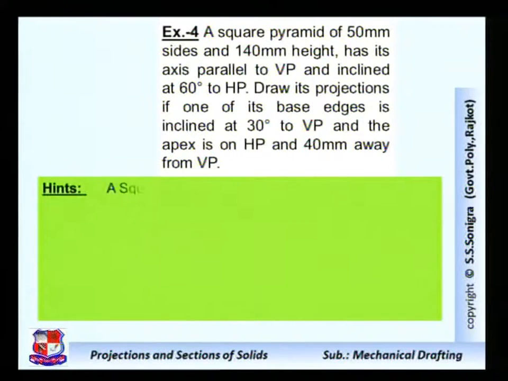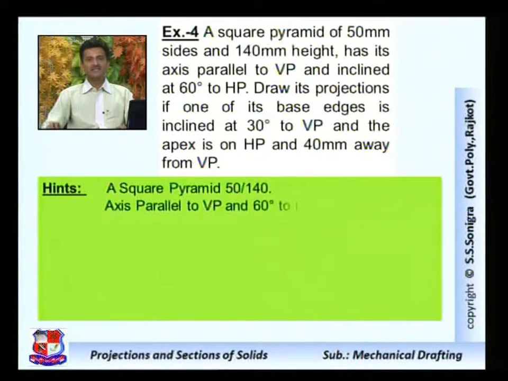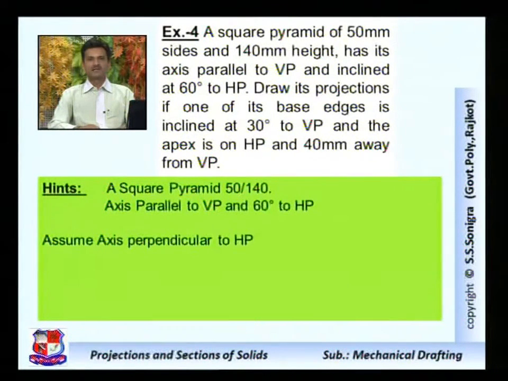Now think about the solution. For hints, a square pyramid is given, side length 50 mm, height 140. You have to make a practice to write the data in short form like this: square pyramid with these dimensions. Then axis parallel to VP and 60 degree to HP. It is given axis parallel to VP, so first assume the axis perpendicular to HP.